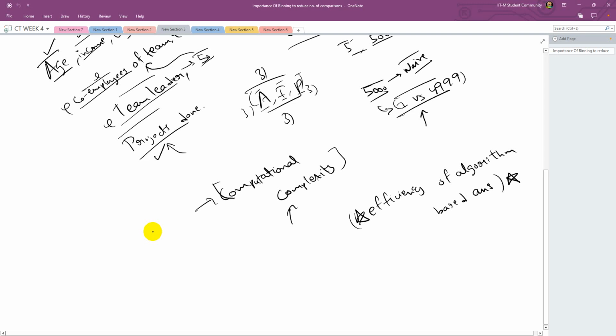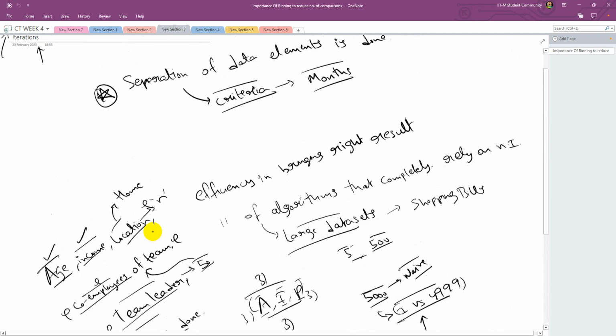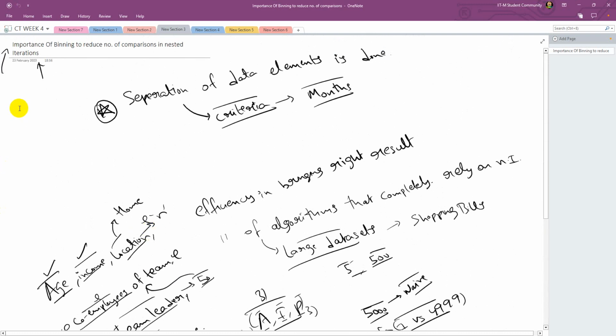This is what the advantage of binning is. I mean, not advantage actually, the importance of binning is. I hope you are clear so far, guys.